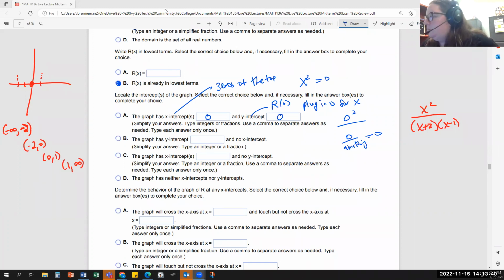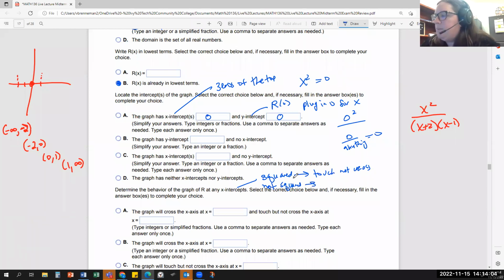All right, moving on, it asks about the behavior at the x-intercept. That's determined by whether the factor was squared or not. Squared means that it just touches and does not cross, versus a factor that is not squared. That's simplifying a little bit: any even power would touch and not cross, any odd power would cross, but it's almost always just squared or not squared. Not squared, it would actually cross.